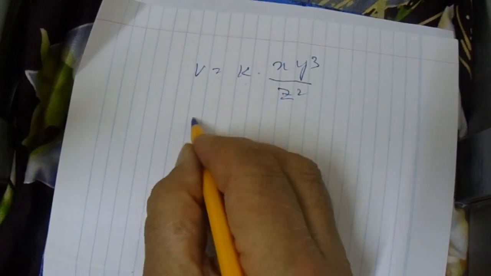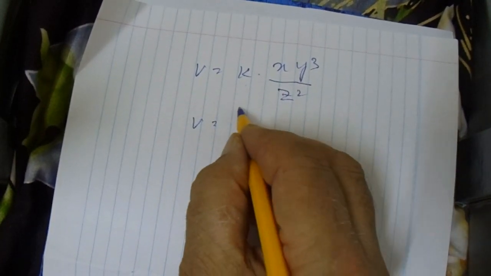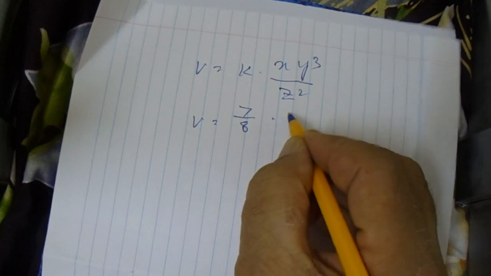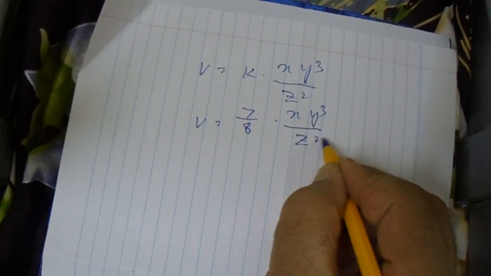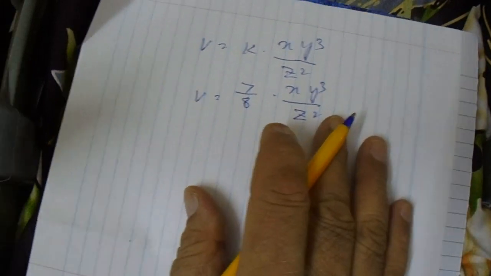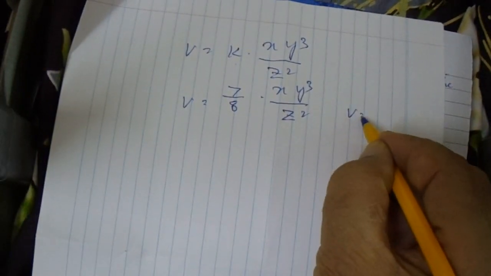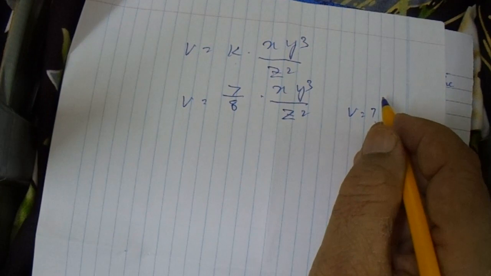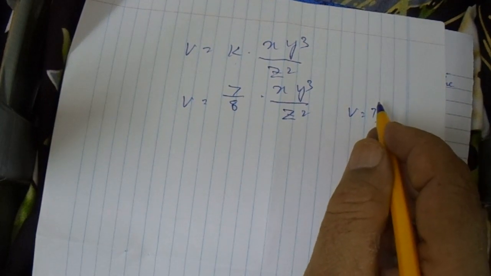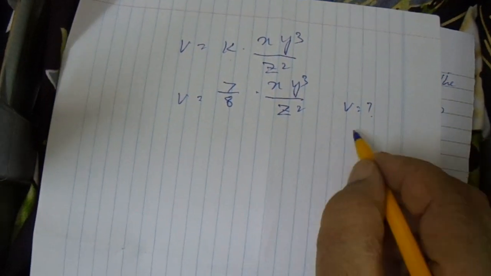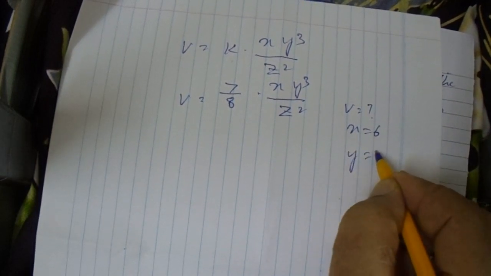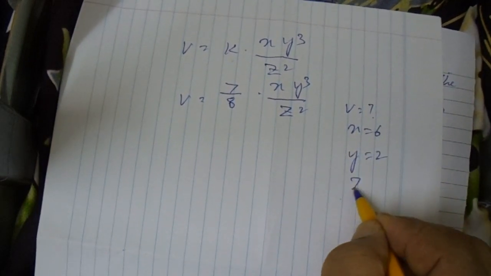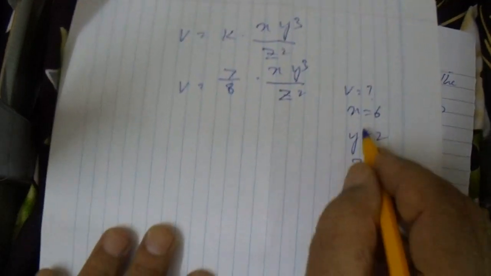Now put the value of k, we have 7 by 8 x y³ over z². Now we want to find V here. We find here x is equal to 6, y is equal to 2, and z is equal to 3.